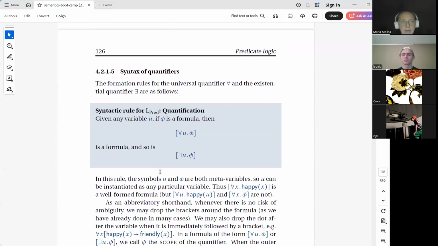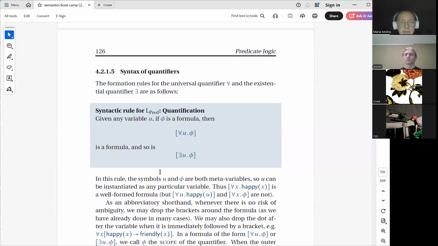Now, syntax of quantifier. Given any variable u, remember that it can be x, y, z, or anything. It's just u here.